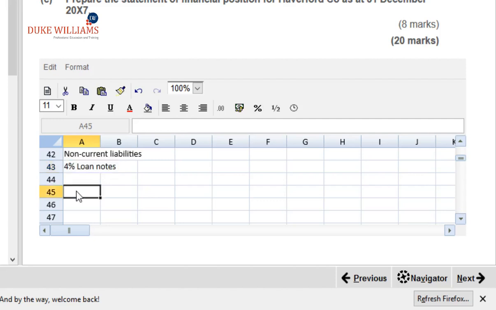Can leave a line or 2 and can say our current liabilities. Our current liabilities, there is an aggregate figure. So we've been able to set out our pro forma.